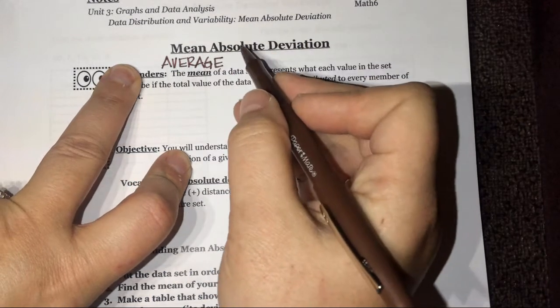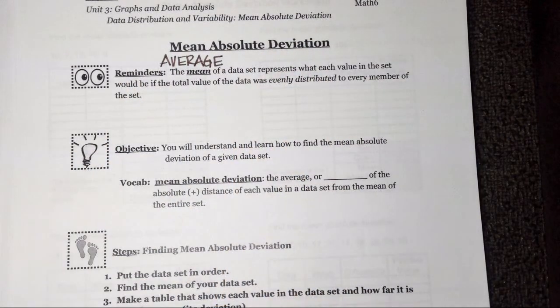All right, what is the word absolute? When we're talking about math, what does that make you think of? Absolute. Well, total, but something else we did earlier with integers. Remember the two bars? Absolute value. Absolute value is always positive.